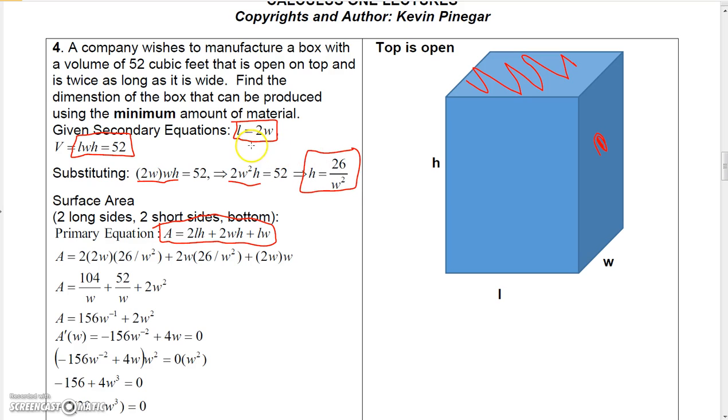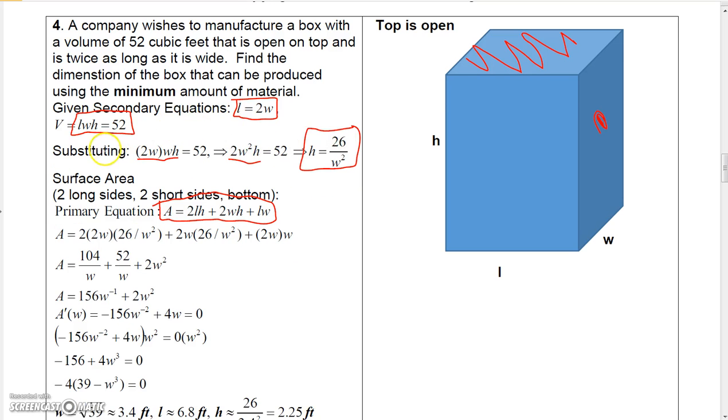So now I've got L in terms of W, I've got H in terms of W, and I can go to my problem and make some substitutions. Everywhere there's an L, replace it with 2W. So that would be here and here. And everywhere there's an H, replace it with 26 over W squared, which is going to be here and here.